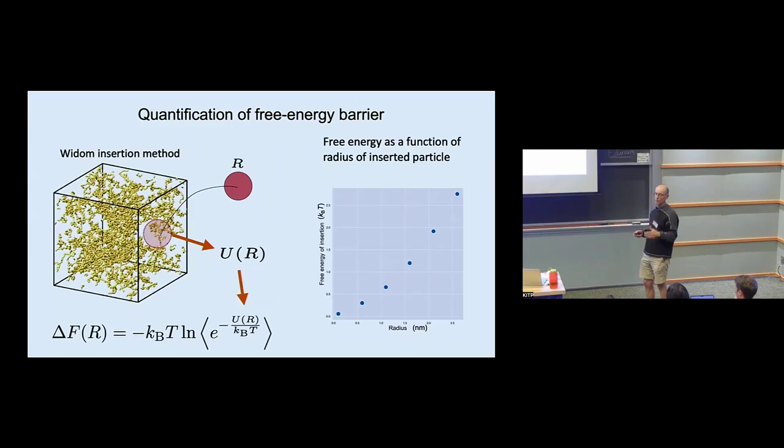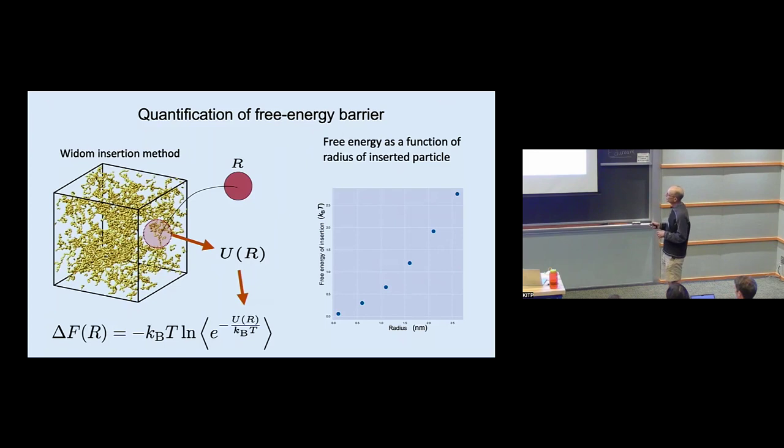And that will give you an exact measurement, if you do this enough, of what that free energy barrier would be. And you can then see, in some particular case, for some particular condensate, how that free energy depends on the radius of the particle.